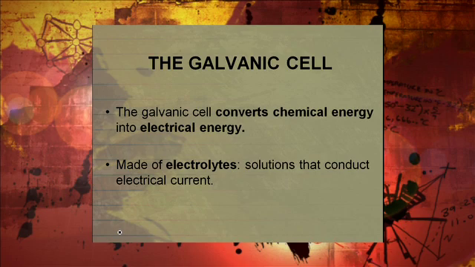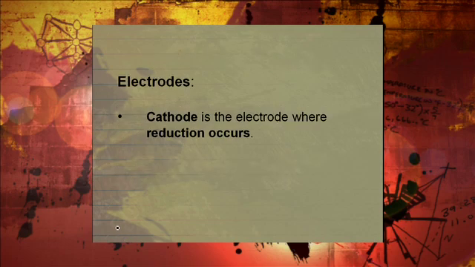This galvanic cell is made up of electrolytes. What are electrolytes? Solutions that conduct electricity, or solutions made up of ions, with ions that are free to move. Again, in a galvanic cell we will also find electrodes. We have an electrode that we will call the cathode, and the cathode is that electrode where reduction occurs.